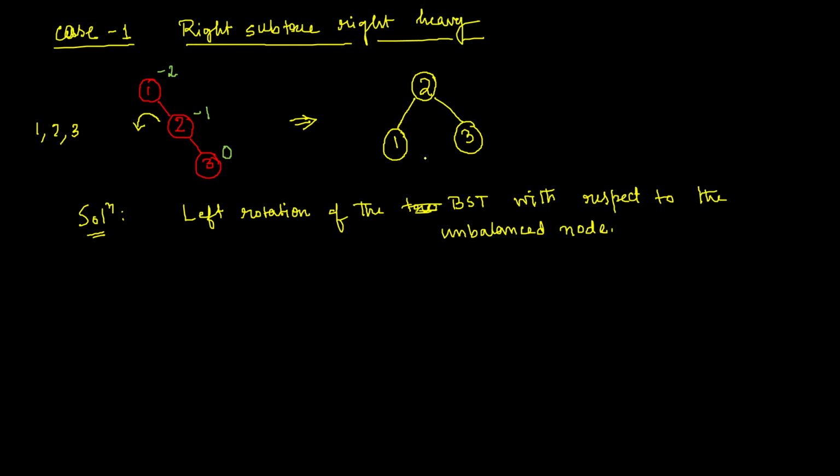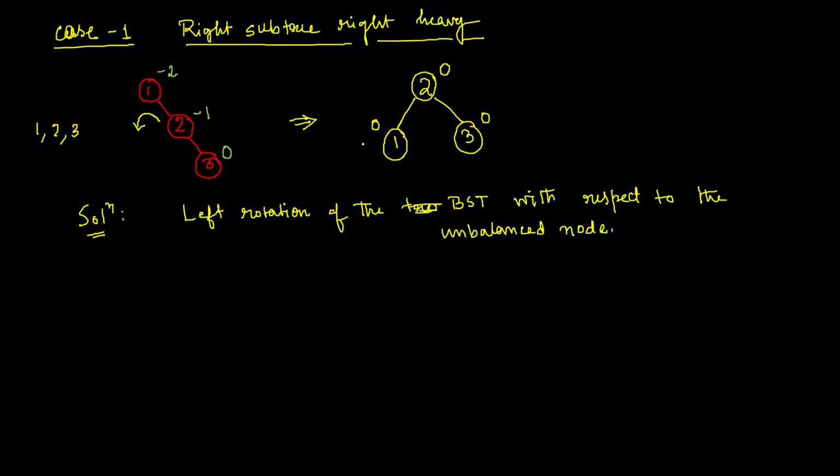And if you calculate the balance factor for these 3 nodes, it will be something like this: the balance factor is 0 for a leaf node, 0 again for a leaf node, and the height of the left subtree is 1, the height of the right subtree is 1, so it is 0. Same, that means their difference is 0.